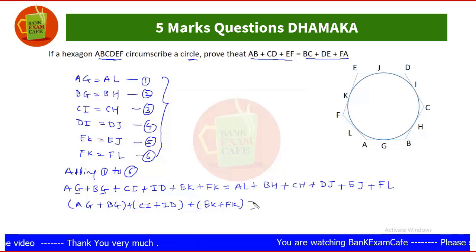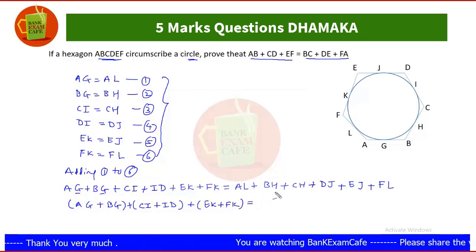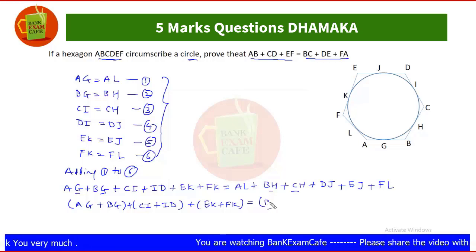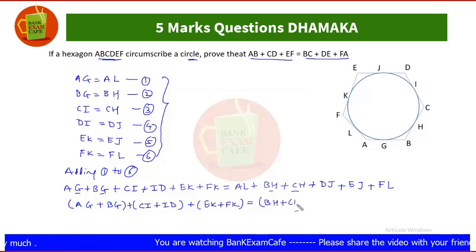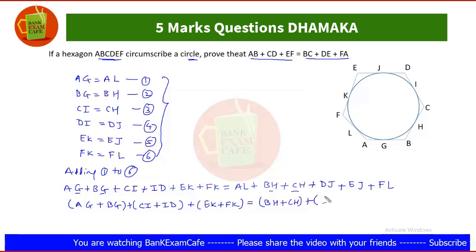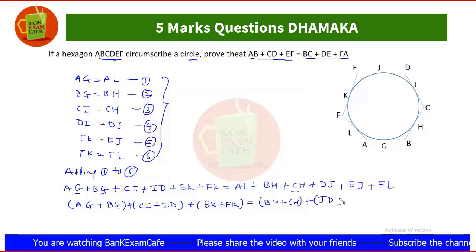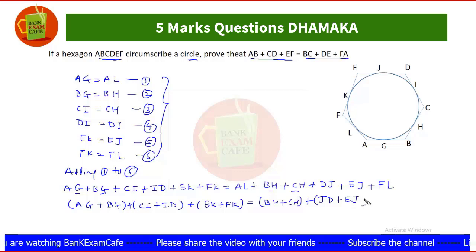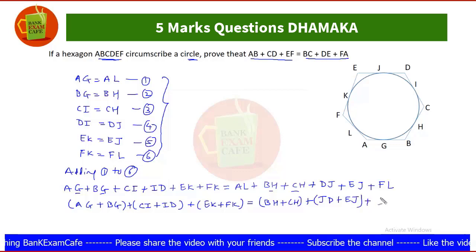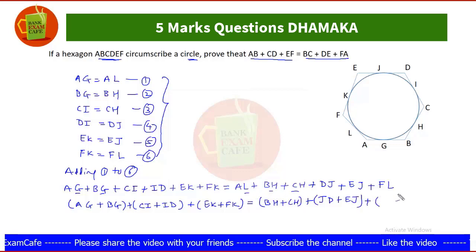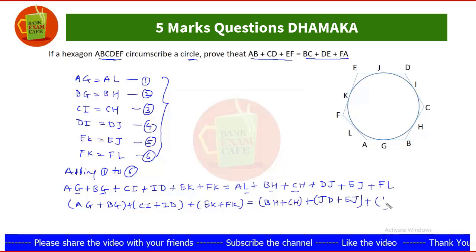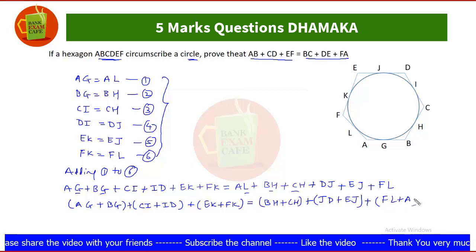Now which is equal to, here the pairing will be BH and CH, so it will be BH plus CH plus another pair will be JD plus EJ, this pair, and the last pair will be AL plus FL, so it will be FL plus AL.